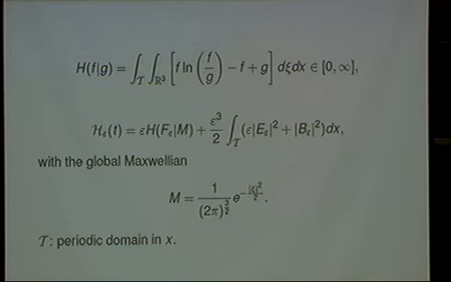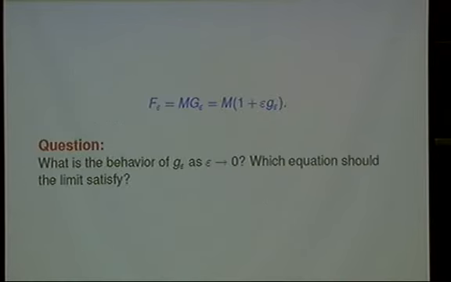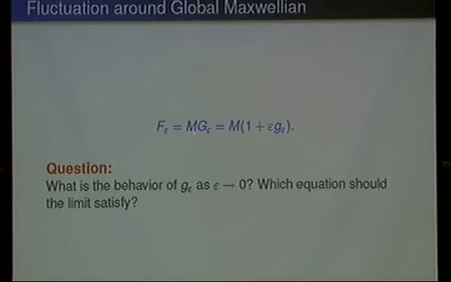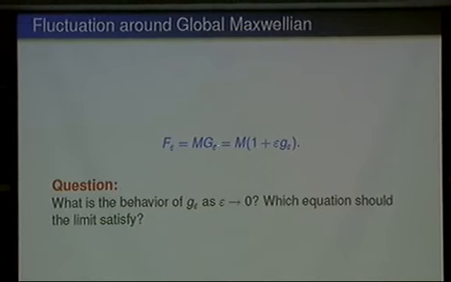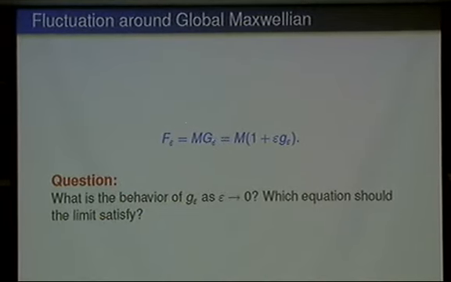Of course, here we look at this problem on the periodic domain in X. Then you write F, which depends on epsilon, as the Maxwellian times 1 plus epsilon G epsilon. You want to see, as epsilon goes to 0, what is the limit of this G epsilon?